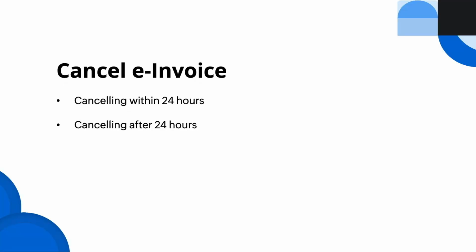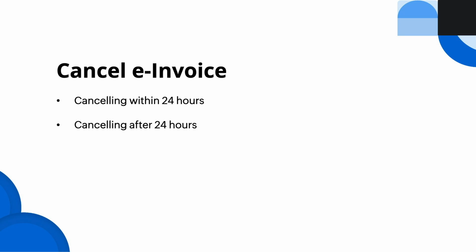Now that we have seen how to raise an invoice, how to connect with the IRP portal and how to convert this as an e-invoice, let us consider a scenario that you have generated the invoice and you have pushed it to the portal also. Now the IRN is generated and it is valid in the GST portal. In this situation, you identify later that certain details of the customer that you have provided are incorrect.